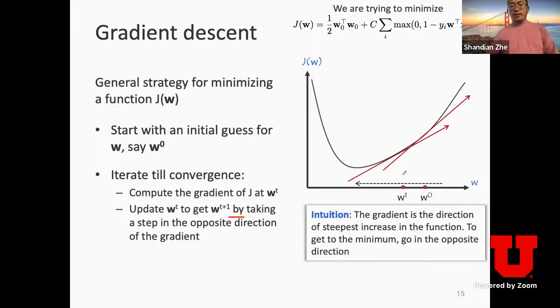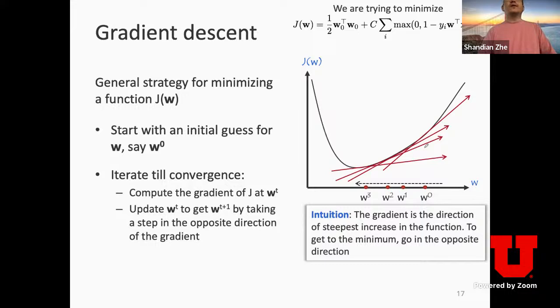Then you calculate the gradient at the current position. You get a positive slope, meaning a positive gradient. Now you update the model parameters toward the opposite direction of the gradient, which is still on the left. You just keep doing this, and eventually you get closer and closer to the function minimum.